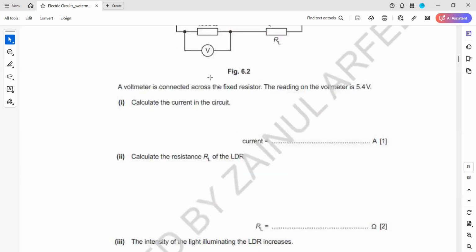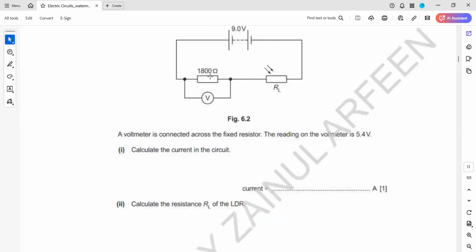The next is calculate the resistance of the LDR. How to know the resistance of the LDR? Already in the question, they mentioned 5.4 volts here. So how much voltage is across the other component? We just subtract. So 9 minus 5.4 will be the voltage across this one. So that is 3.6.